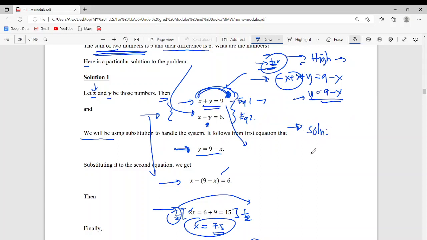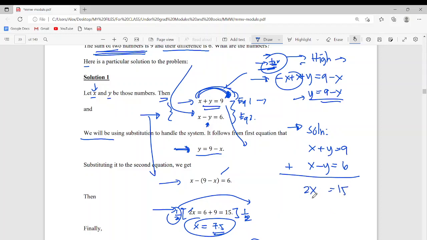Here is the solution. Let x and y be those numbers, and we have this system of equations: x plus y is equal to 9 and x minus y is equal to 6. If we add the equations, we can get rid of the letter y, so we have 2x equals 15.